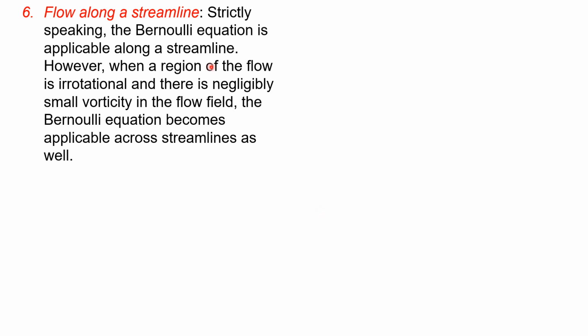Oh, sorry, you have one more. Okay, flow along a streamline. Strictly speaking, Bernoulli's equation is applicable along a streamline. However, when a region of a flow is irrotational and there is negligibly small vorticity in the fluid, Bernoulli's equation becomes applicable across the streamline as well.